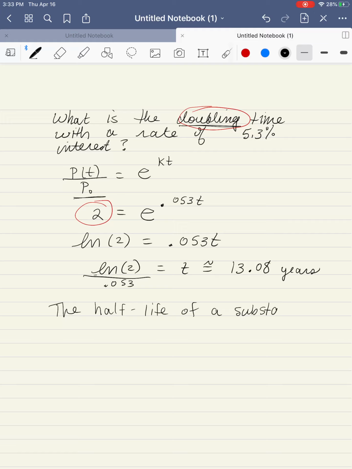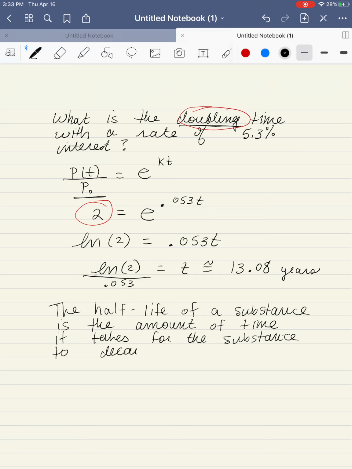The half-life of a substance is the amount of time it takes for the substance to decay to 1/2 of its original amount.